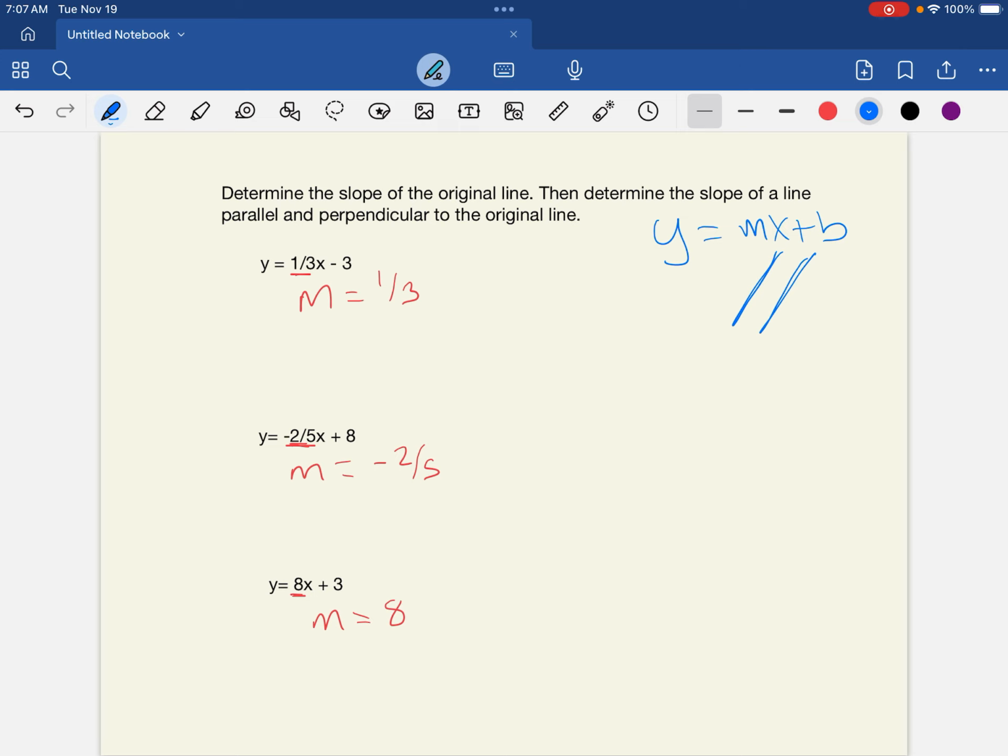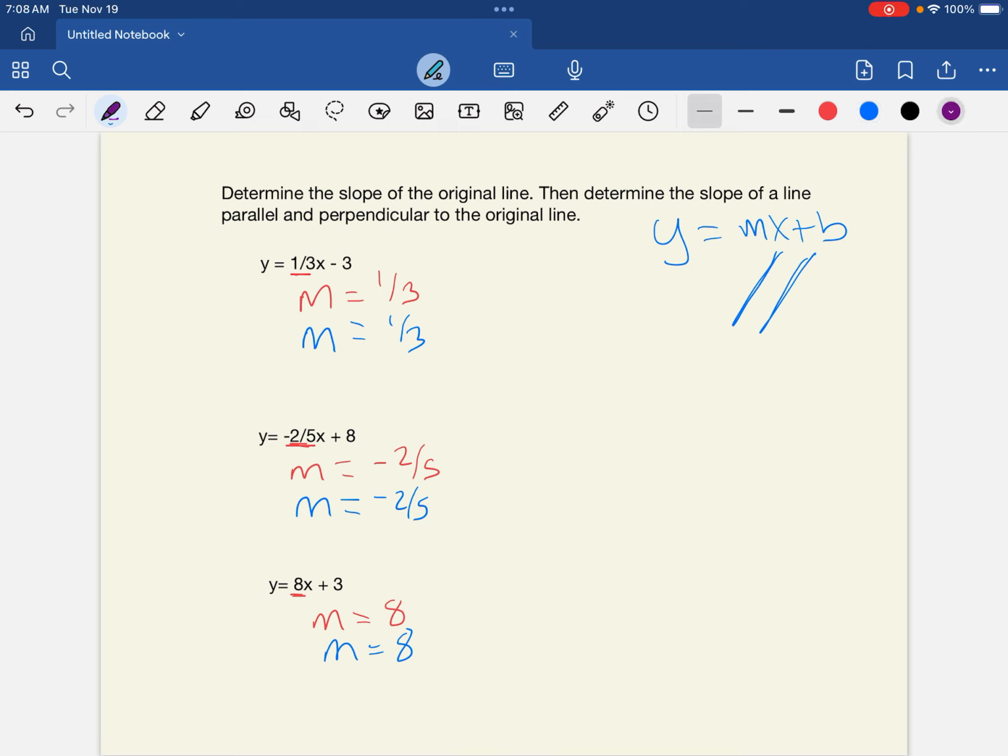For my first equation, the slope of a line parallel to y equals 1/3 x minus 3 is 1/3. If they were different, eventually those lines would cross, so we need them to be the same. In my second equation, the slope of a line parallel to y equals -2/5 x plus 8 is -2/5. And the same for the third one. Those slopes are the same.